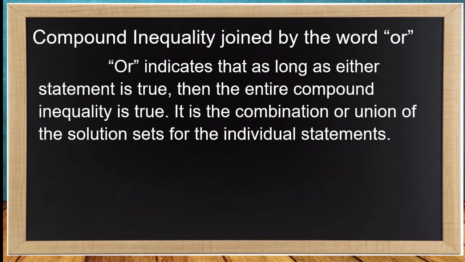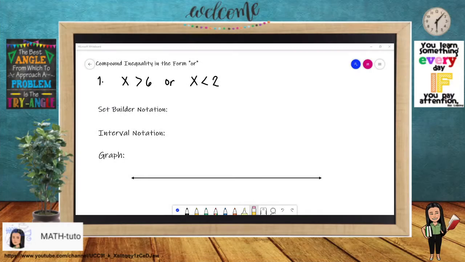Let us have some examples. I have here the inequality x is greater than 6 or x is less than 2. This is a compound inequality because these are two inequalities joined by the word "or".